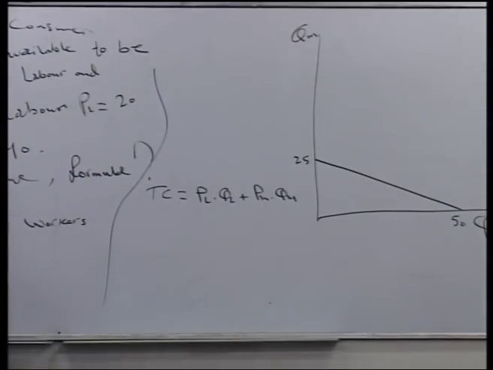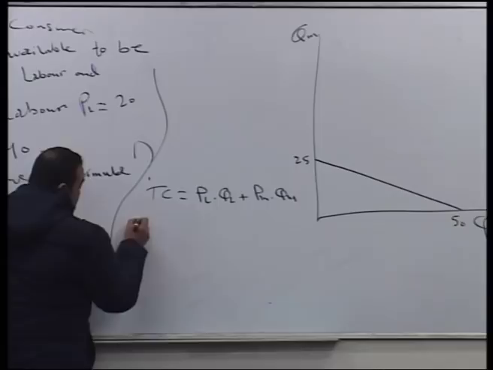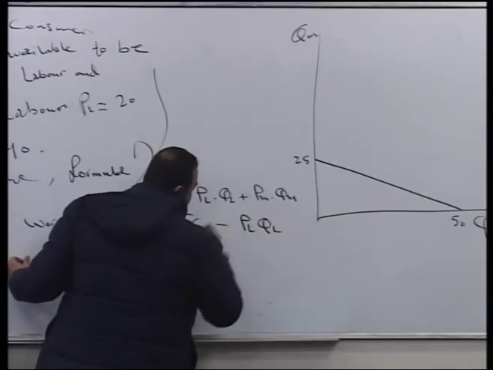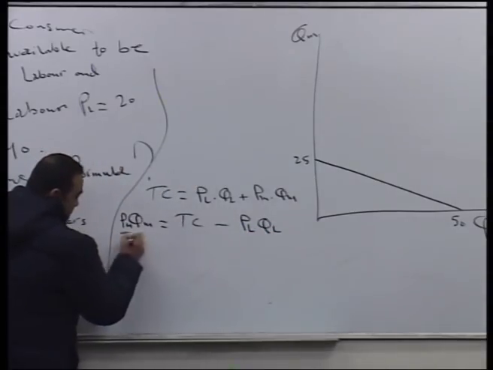We have to derive QM. So price of M times QM equals total cost minus PL times QL, all over PM.